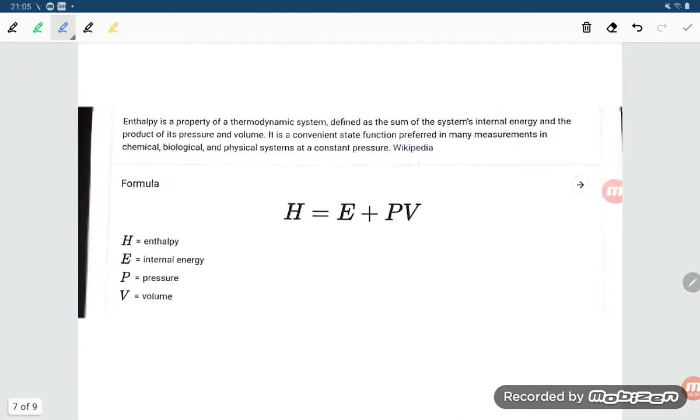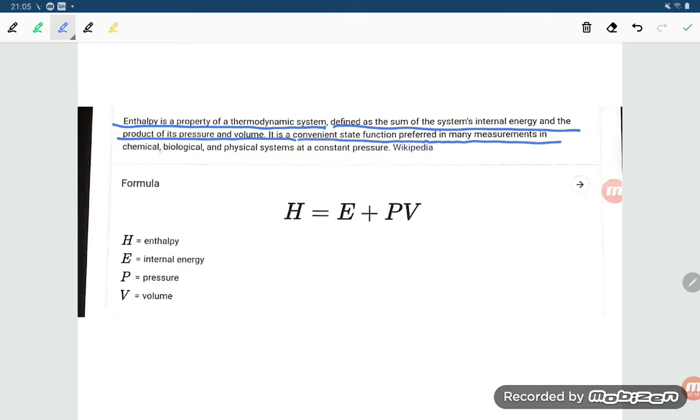Now one more, the last definition. Enthalpy is the property of a thermodynamic system defined as the sum of the system's internal energy and the product of its pressure and volume. It is a convenient state function preferred in many measurements in chemical, biological and physical systems at constant pressure.